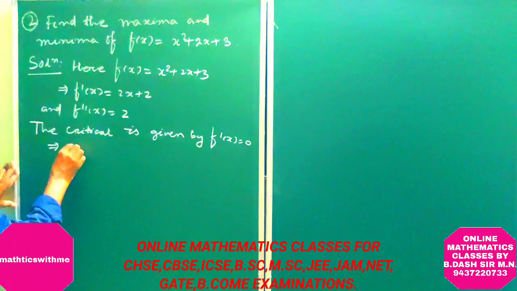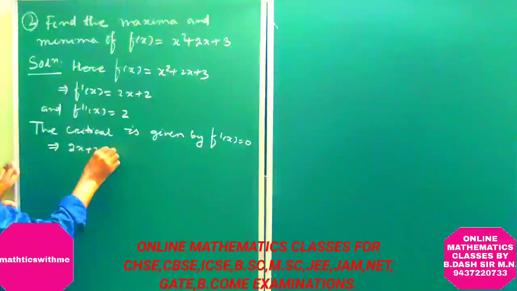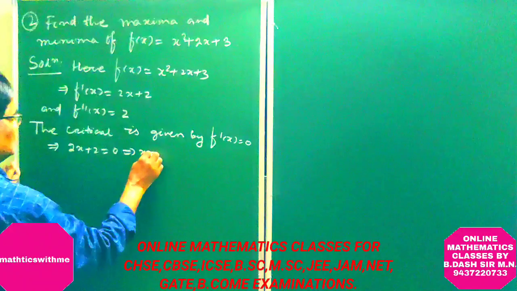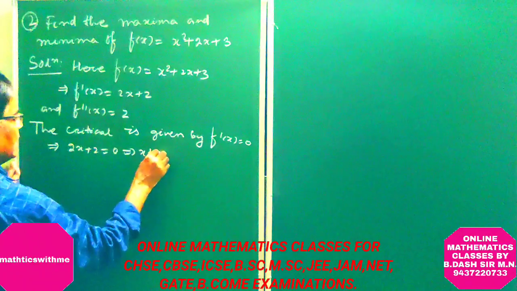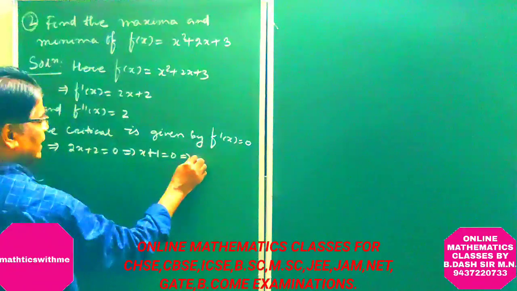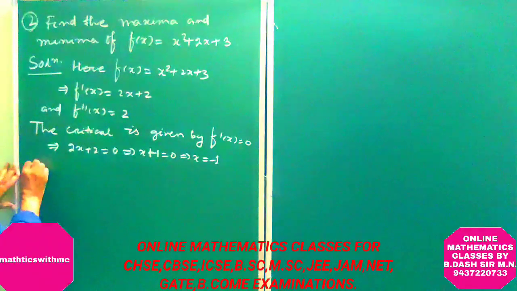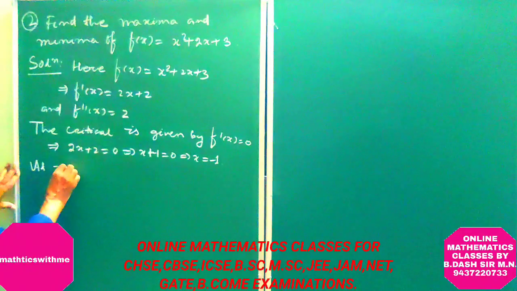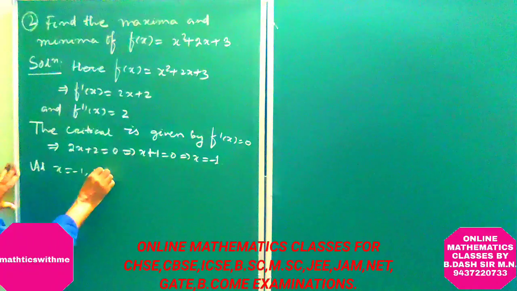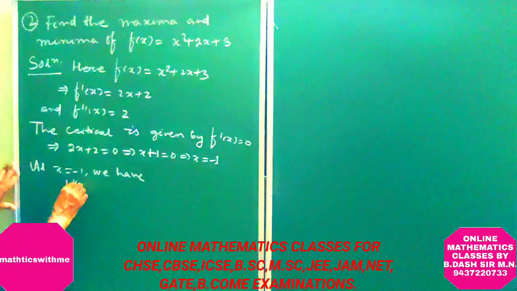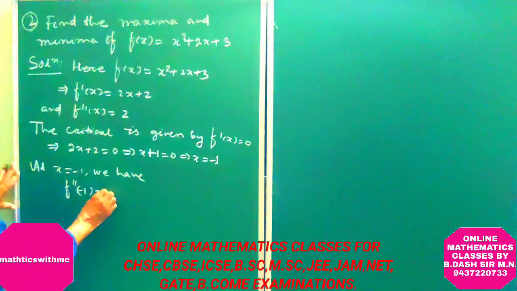This implies 2x plus 2 is equal to 0, which implies x plus 1 is equal to 0, so x is equal to minus 1.